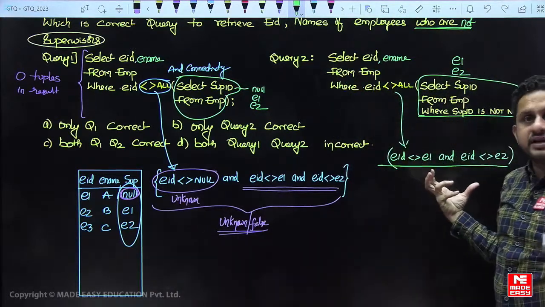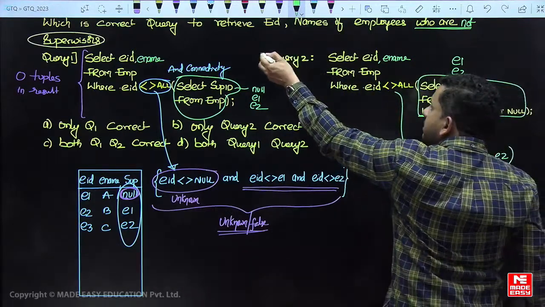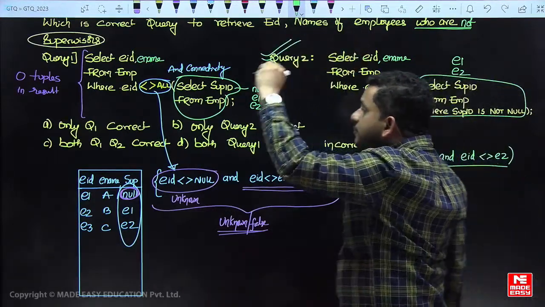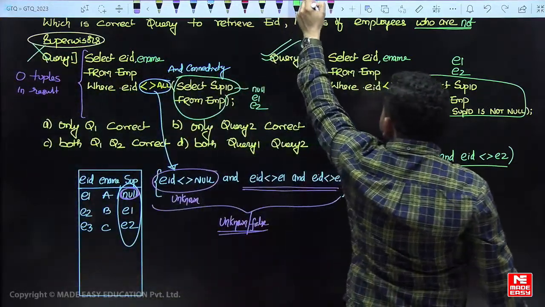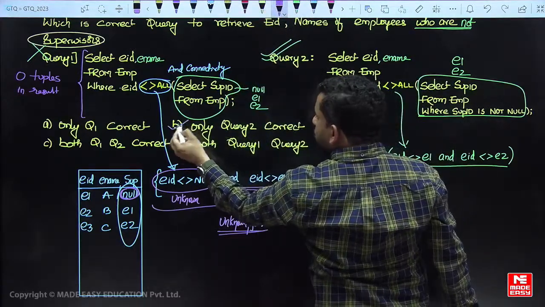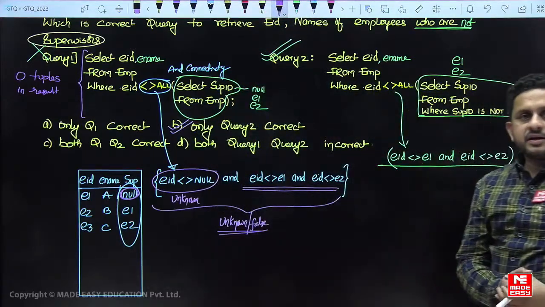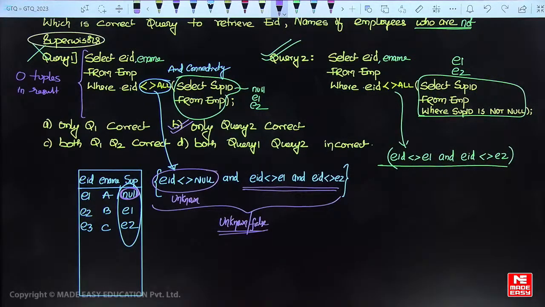If it is false, then he is a supervisor. Based on that, he will get the correct result. The second query gives the correct result, and the first query is wrong for the given specification. So only Q2 is correct. Right? Clear this one?